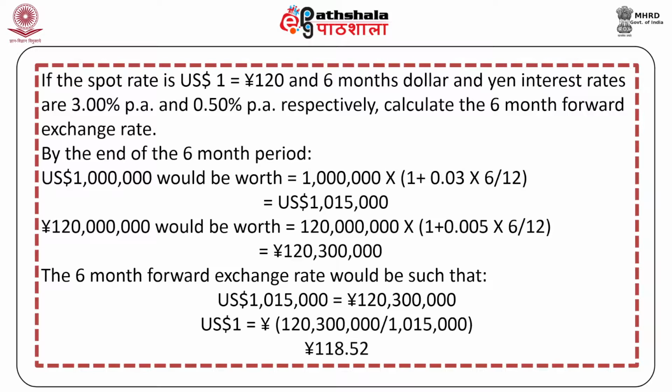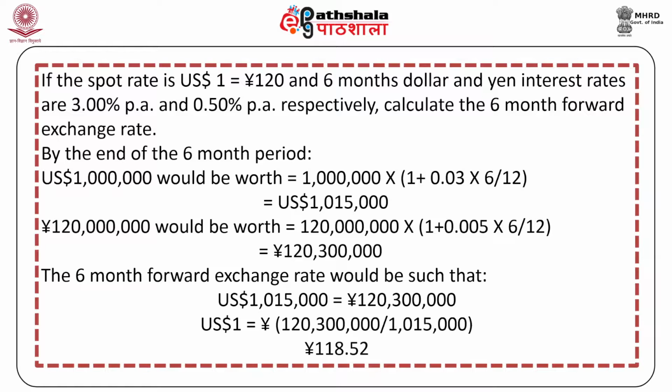The 6-month forward exchange rate would be such that US dollar 101,500 is equal to yen 120,300,000.